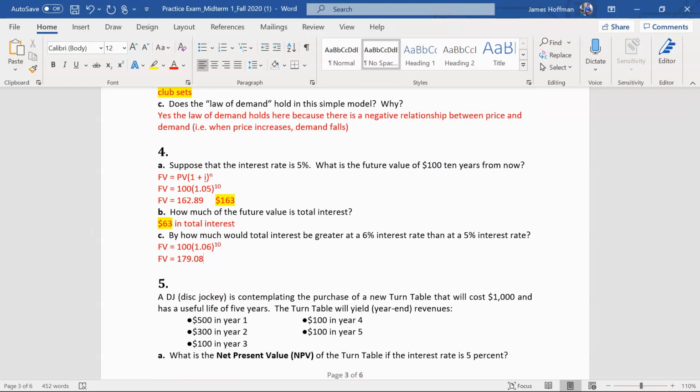Alright, so we got about 179.08. We'll just say that's 179.